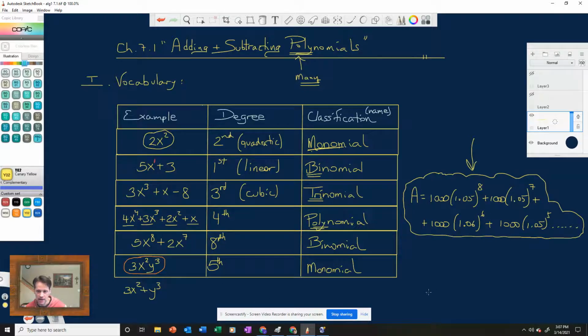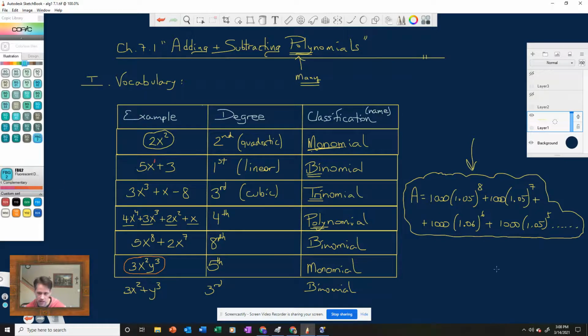Before I go there, this 3x squared plus y cubed, this would be a 3rd degree binomial. I'll go ahead and write that. Why not? Because with a binomial, you look at each individual term and the highest power will be the degree of the binomial. Here, though, it's a monomial and it just happens to have 2 different letters. So you're going to have to add those exponents together.